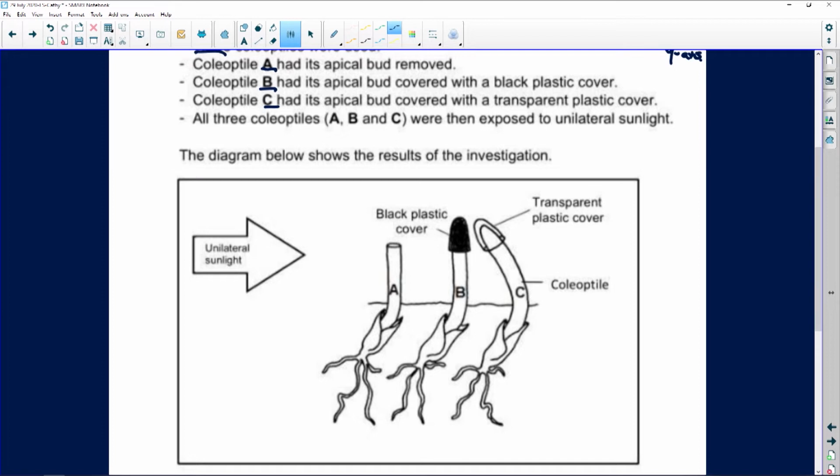Okay, so for A, they've cut this little tip off. By doing that, they've removed the apical bud, and the apical bud is the growing tip of the stem.